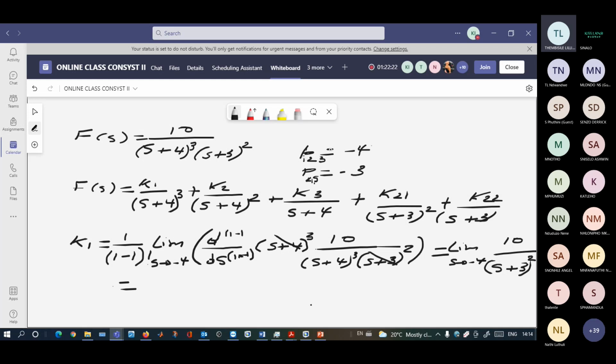Oh, just a writing mistake. Thank you very much, because you can see that one. Okay, so this one is going to be minus 4 plus 3, which is equal to minus 1, squared is equal to 1, 10 over 1 is equal to 10.